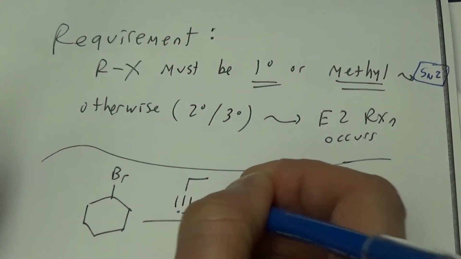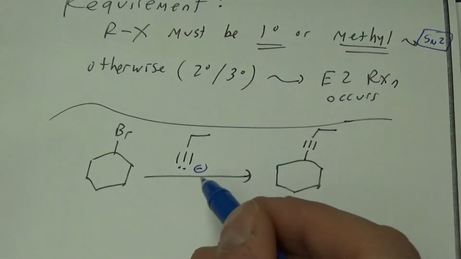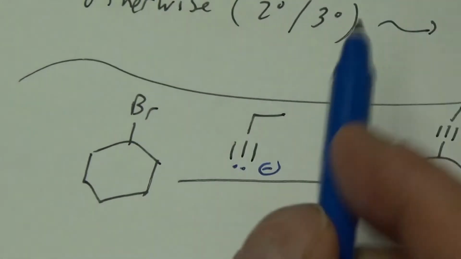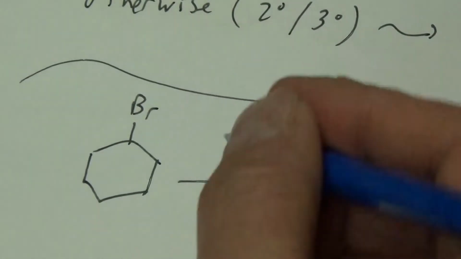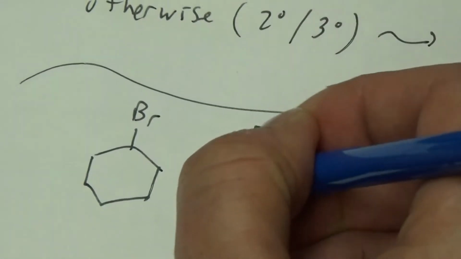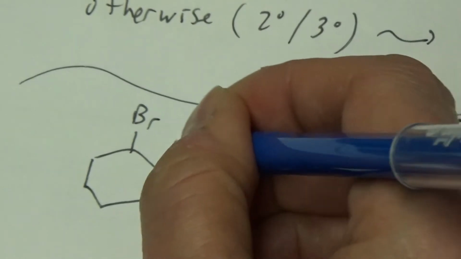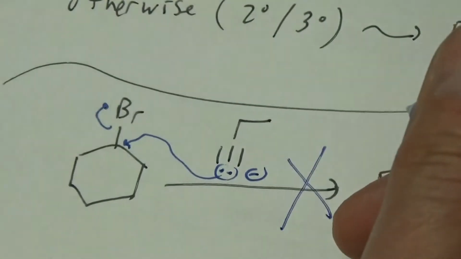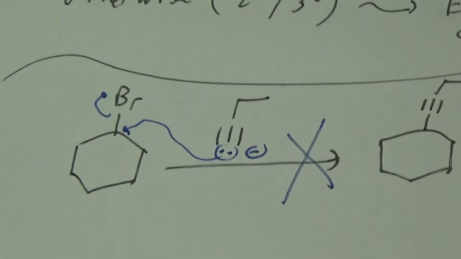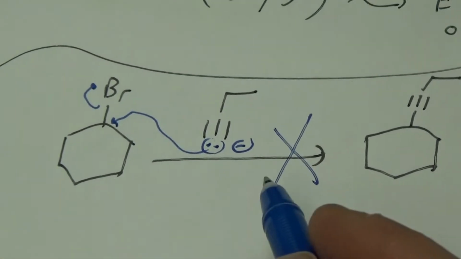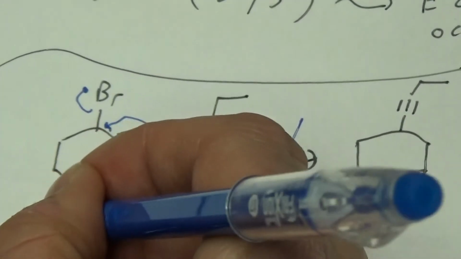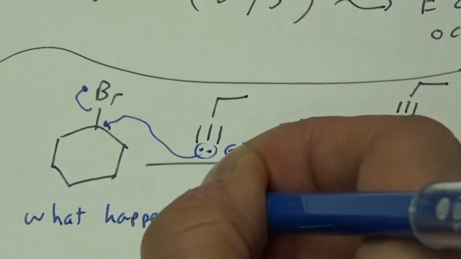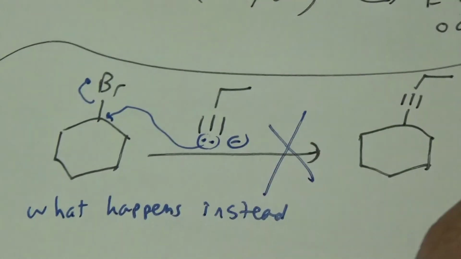I want this to kick that off, SN2. I want this to attack. But the problem is it's secondary. So what we're trying to do here, kicking it off, will not happen. What actually happens instead is an E2.